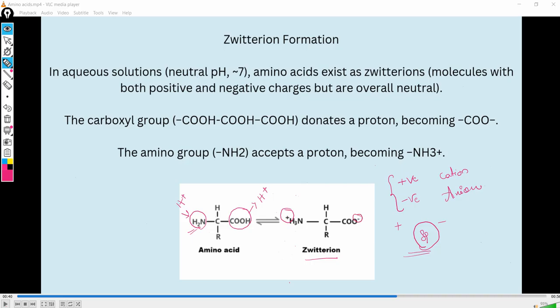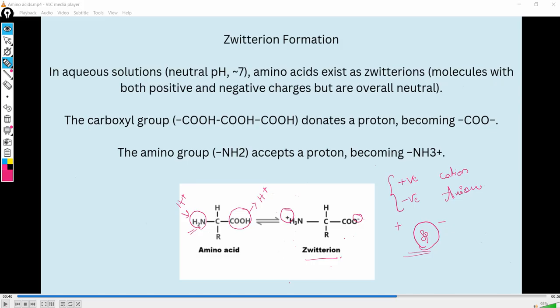That means here the same amino acid molecule acquires both negative and positive charges simultaneously. This kind of ionic structure is called a zwitter ion, and amino acids are capable of attaining this zwitter ionic structure. Clear?